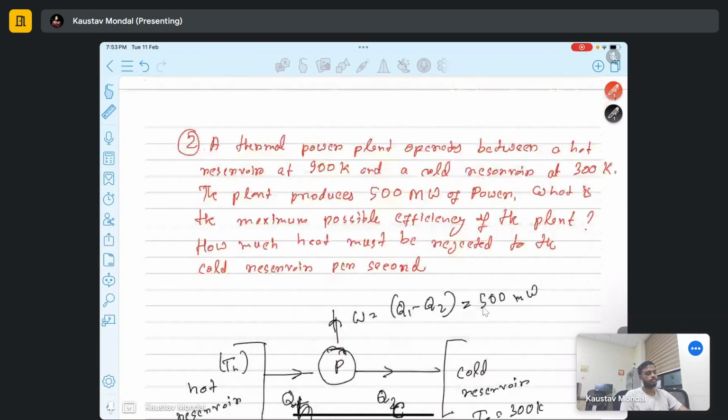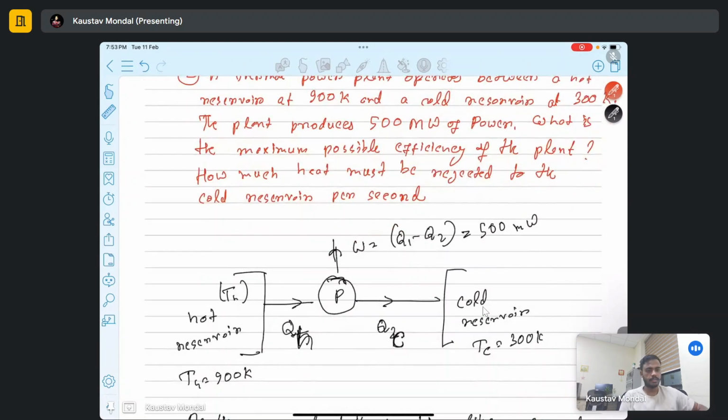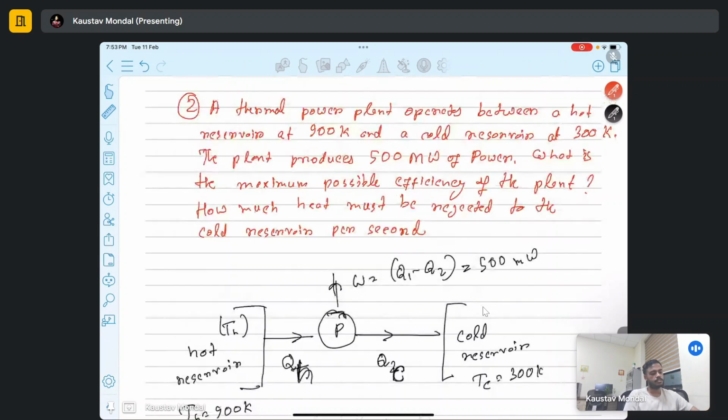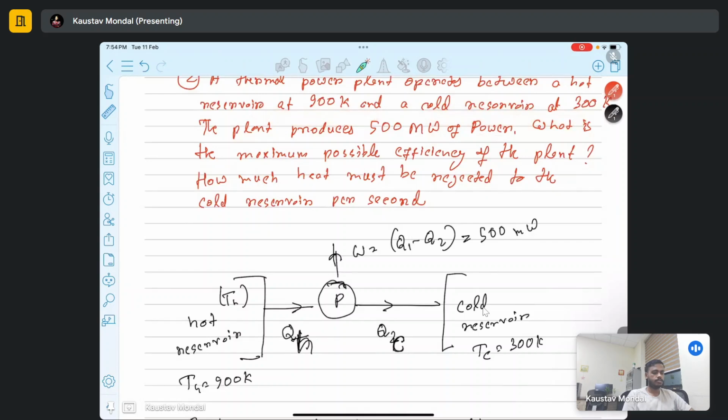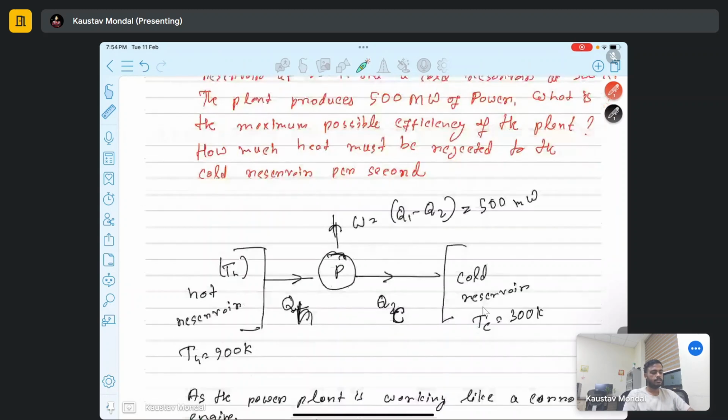So basically this plant is acting like a Carnot engine between two reservoirs, hot and cold, and the temperatures of both reservoirs are mentioned in the problem: for the hot one it's 900 Kelvin, for the cold it's 300 Kelvin, and during this whole procedure the plant is producing 500 megawatt of power. Then you have been asked to find the possible maximum efficiency of the plant and the heat rejected.